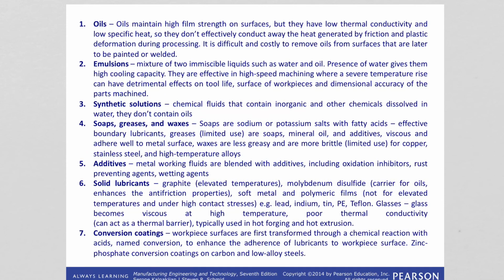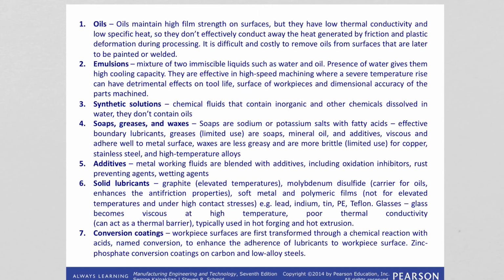Several types of metal working fluids are available, all with different chemistries, properties, and characteristics that could fulfill these functions of metal working fluids. The first one is oils. Oils maintain high film strength on surfaces, as can be observed when trying to clean an oily surface.